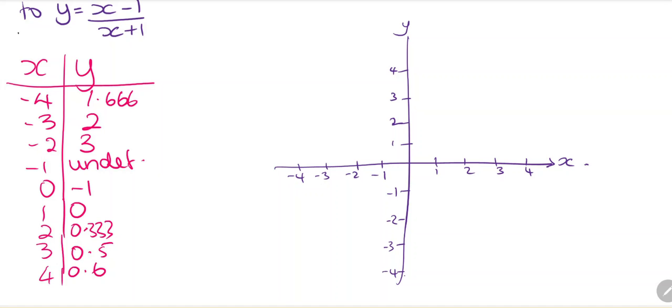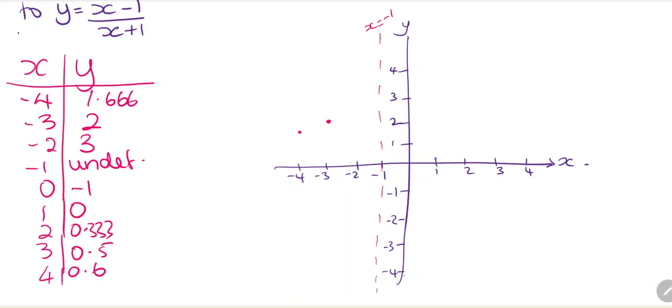Okay, so points on our graph: -4 and 1.66, -3 and 2, and -1. We have an asymptote, which is undefined. So that's our vertical asymptote, when x is equal to -1.